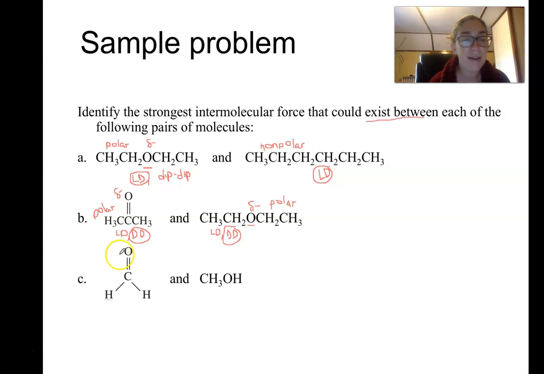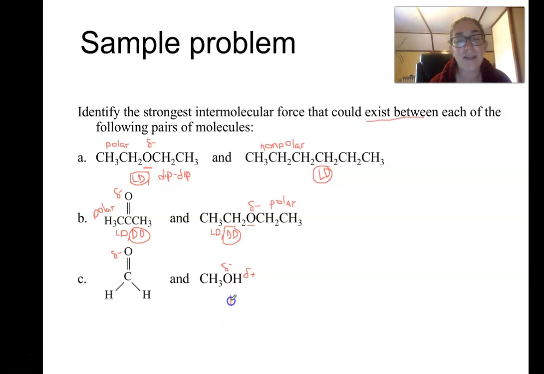And then lastly, part C, we have this molecule here has an oxygen, the one on the right has an oxygen, so we're at least dealing with dipole-dipole forces on each. All right, but this one has an H bonded to the oxygen. So that H is very partially positive and can be involved in hydrogen bonding.